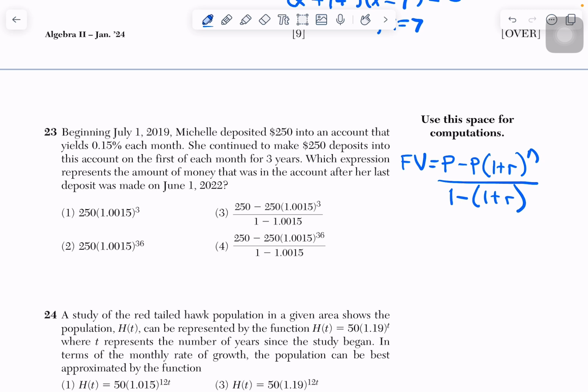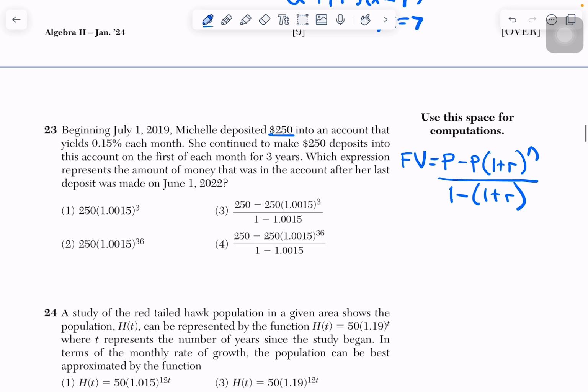All right, so let's look at our data, right? Michelle deposits 250, so that's our P. Yields 0.15, so that rate is going to be 0.0015. Continues to make $250 deposits. That's the P. For the first of each month for 3 years.